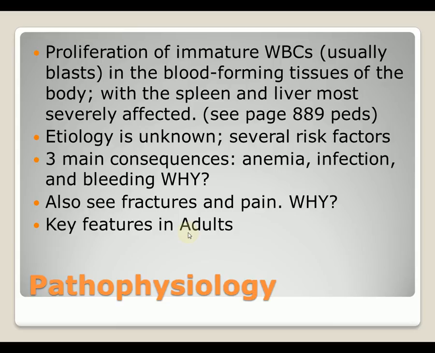Why does this happen? In all types of leukemia, the proliferating cells depress the production and form elements of the blood in bone marrow by competing for and depriving the normal cells of the essential nutrients for metabolism.